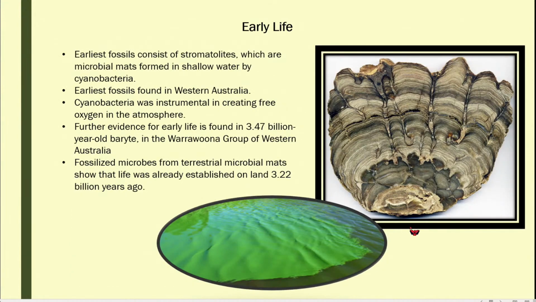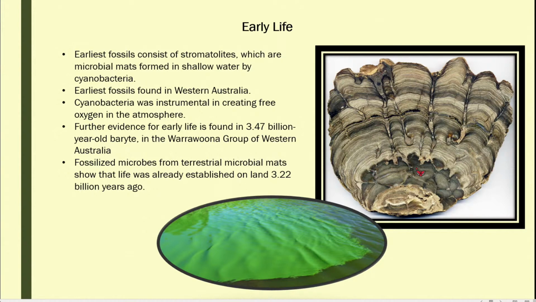Earliest fossils consisted of stromatolites, which are microbial mats formed in shallow water by cyanobacteria. These are the mats right here. Cyanobacteria is this green looking stuff, and this is the stromatolites.